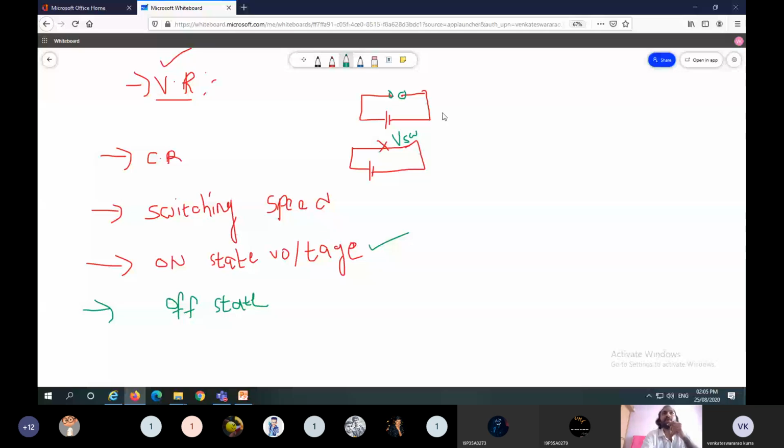Due to that amount of off-state current also, there will be some power loss. So these five parameters will be considered while selecting any power semiconductor device.